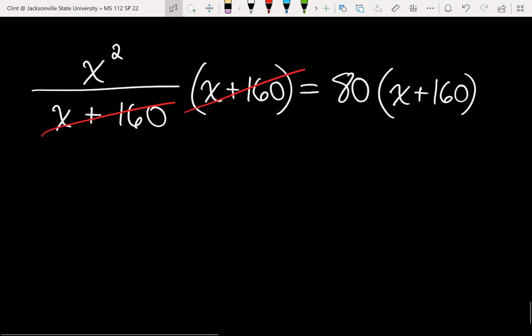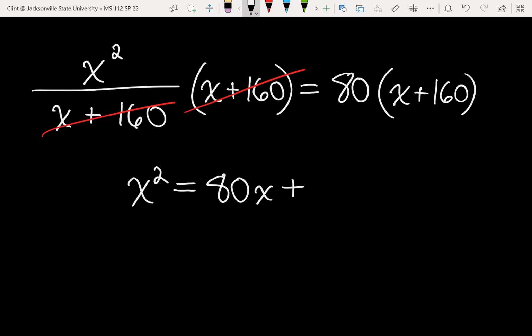On the left, we're just left with x squared. Right, we got 80x plus whatever 80 times 160 is. What'd you get? 12,800.